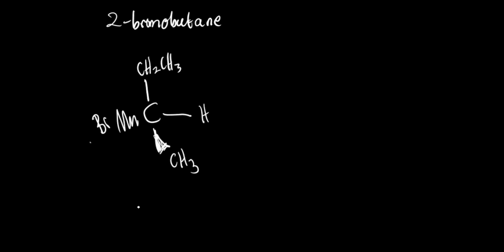Okay, we're still working with 2-bromobutane, and these are the attached groups. 4 different groups is an asymmetric center. This carbon right here is an asymmetric center. Now take note of the fact that in this particular molecule, the least priority, which we already determined to be hydrogen, is not attached to the dashed wedge.